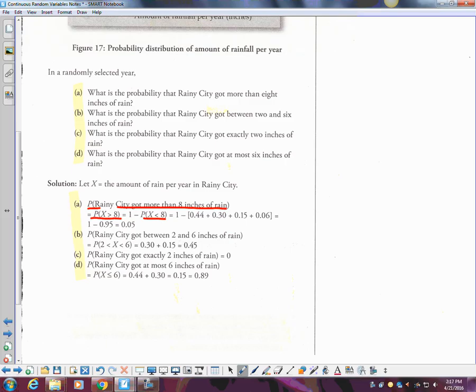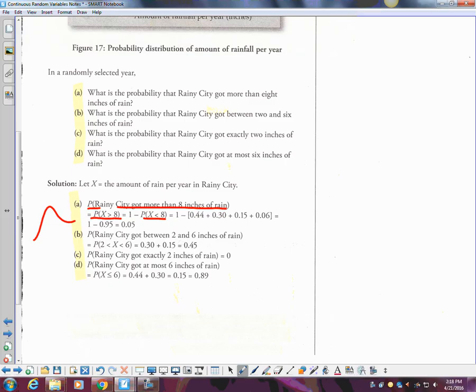Because the area of one slice of the curve is 0. If you have a cake and you cut the cake, is there any area of cake in your cut? No. So that's why with continuous, with the curve, you don't have to worry about any equal to's.